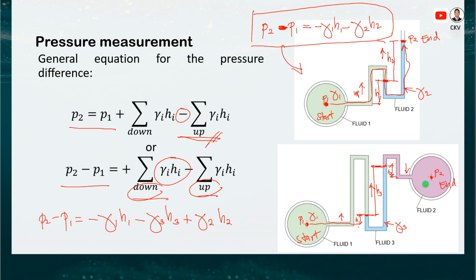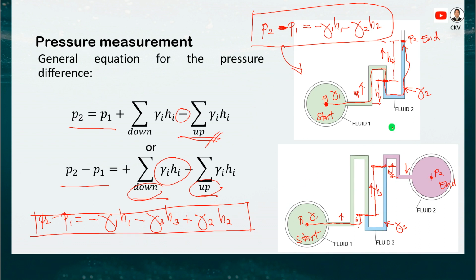Then fluid number 2 has a starting point that is higher than the end point in terms of its difference in elevation between the points. So fluid number 2 has a positive sign for the product of unit weight and its corresponding height. So this is the solution for that figure.